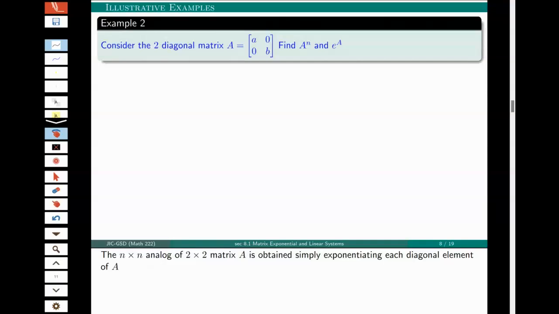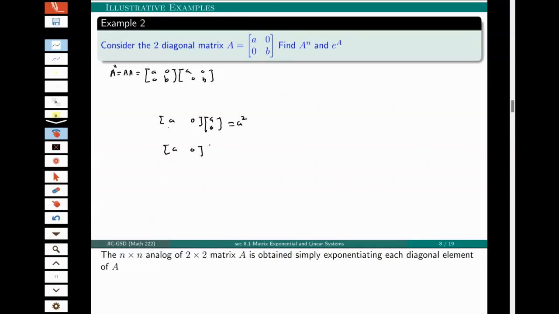Okay, so if I have a diagonal matrix, what is a squared, which is a times a? It will be a 0 0 b. When you multiply it by itself, a 0 0 b, first the first row times the first column, I will get a squared.